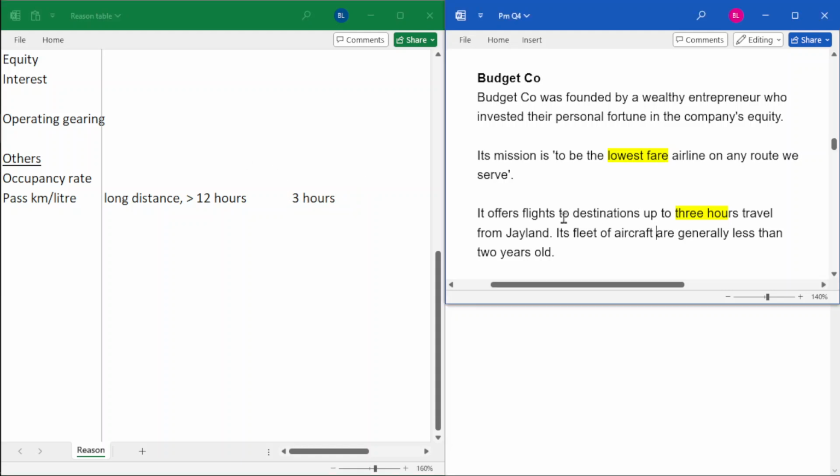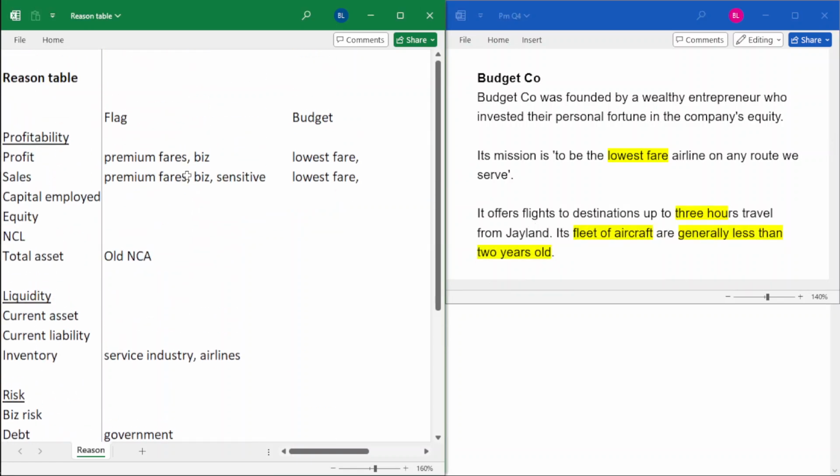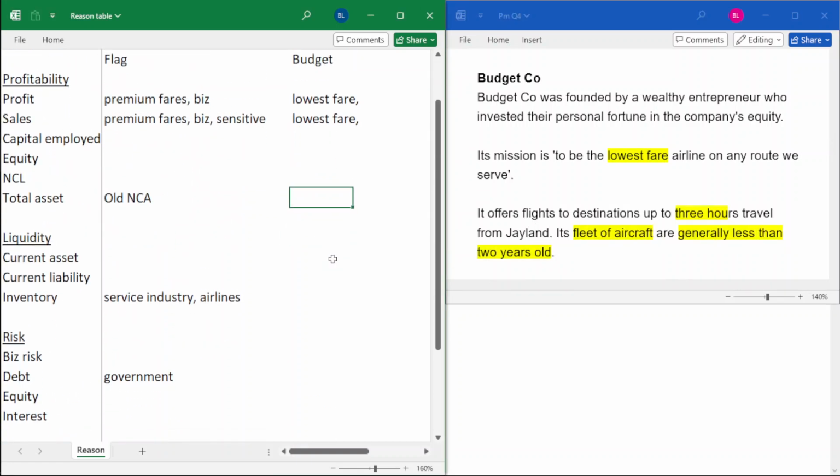If the fleet of aircraft is less than 2 years old, maybe you can put here ONCA. So this one I put new NCA.